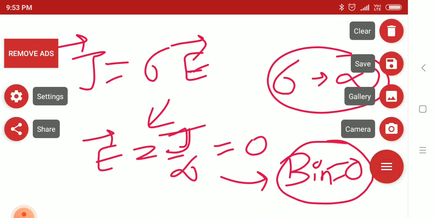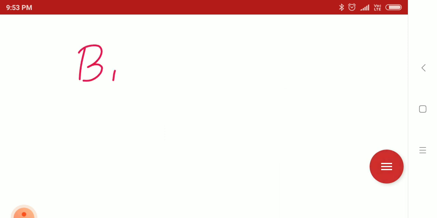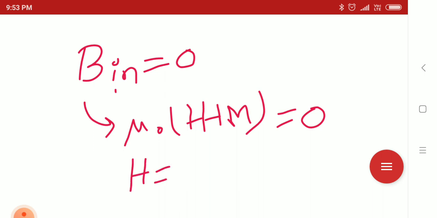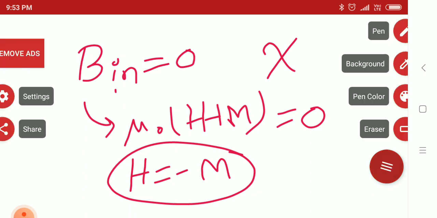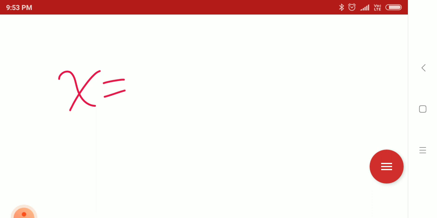Now, if B inside is zero, it implies mu naught times (H plus M) equals zero. So we can say H equals minus M. Now what is the formula for susceptibility? Susceptibility chi equals magnetization per unit magnetic field.